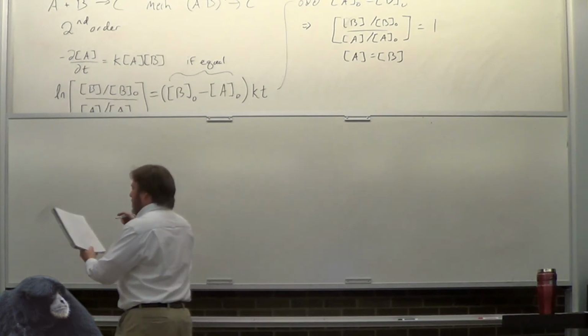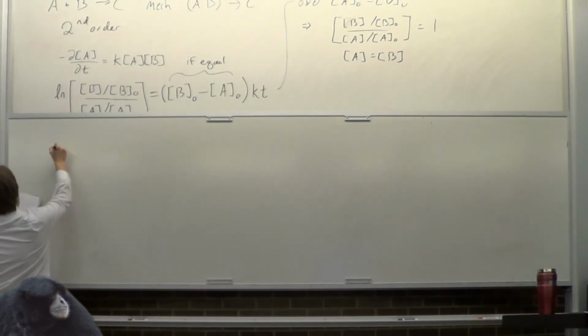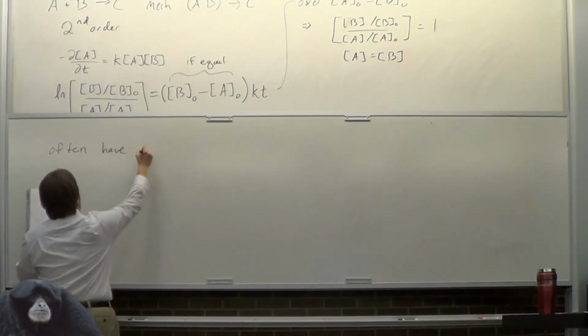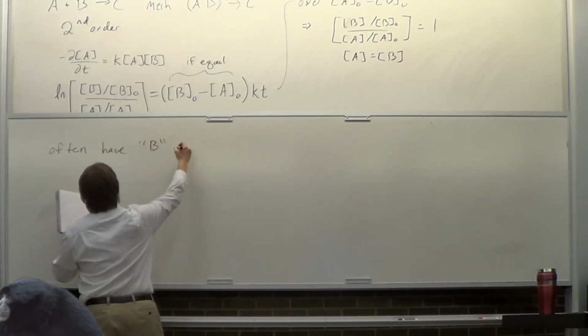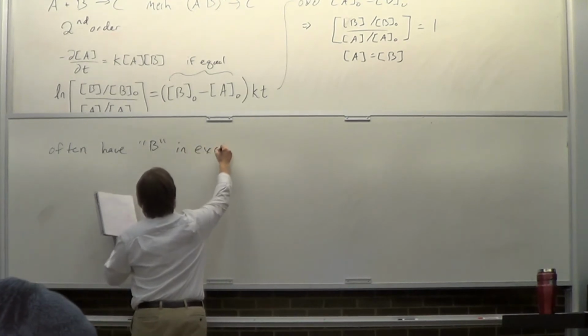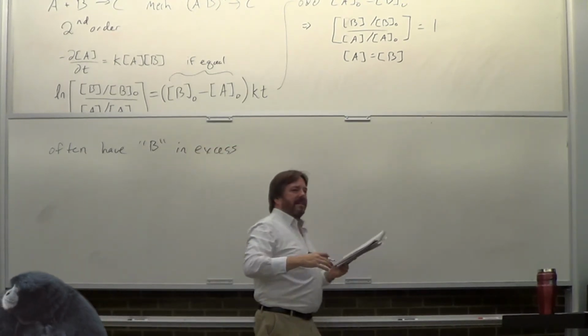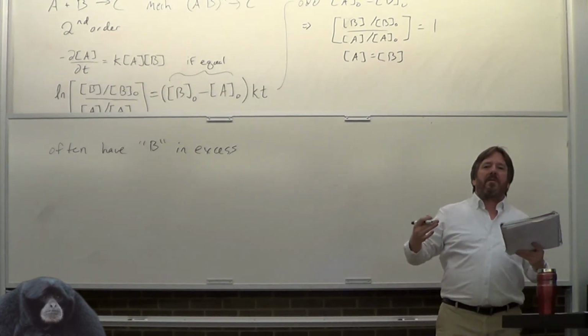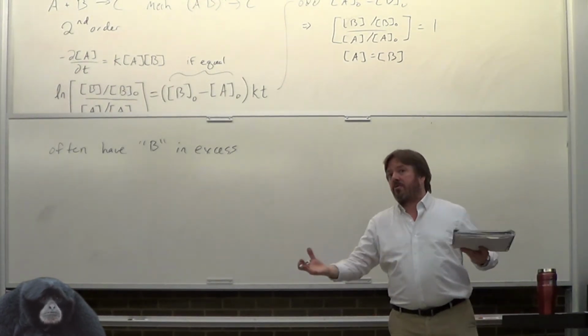So it turns out you often, I'm just going to pick B, it doesn't matter, you often have one in excess. One of the reagents is expensive, and you're trying to drive the reaction. Number two, you're just trying to drive the reaction.